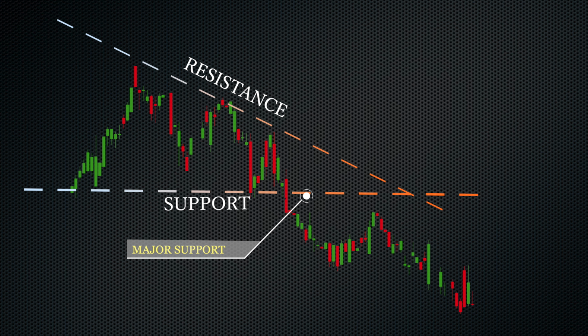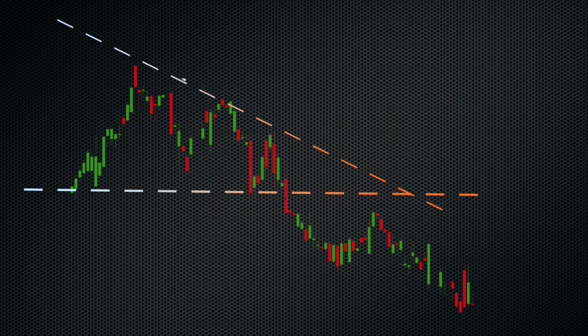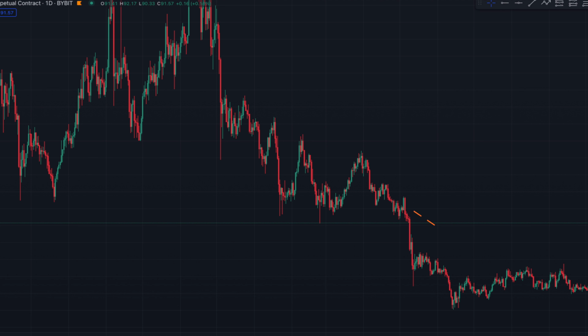As you can see here, price breaks through the major support, and we get a bearish sign for the market. That is an example of the descending triangle.